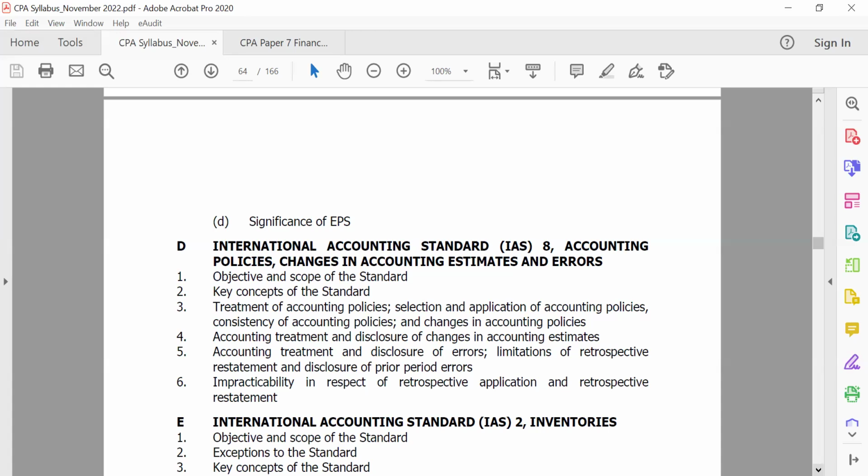So we shall be able to understand what happens when, for example, there are changes in policies. How does that affect our accounts, either retrospectively or prospectively? We shall also be able to understand accounting estimates, what exactly they are, and how those may also affect our accounts, just in case they change.